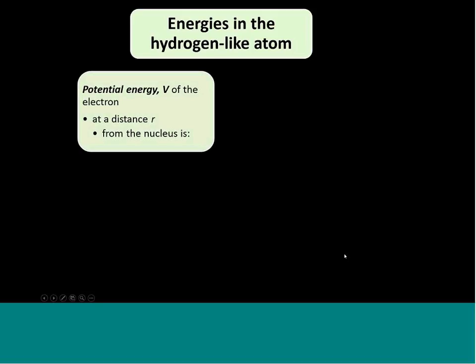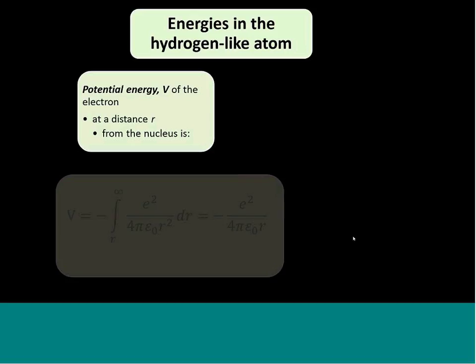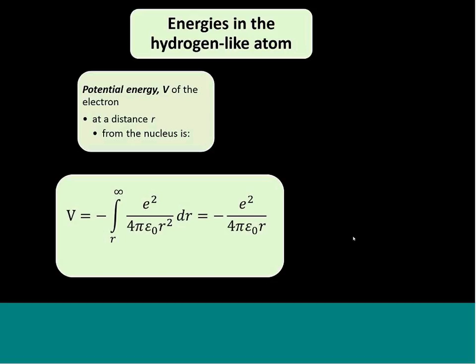Okay, in the hydrogen atom, kita ada potential energy V of the electron, R from the nucleus. Kita ada V equal to, kita integrate kan, R and infinity.